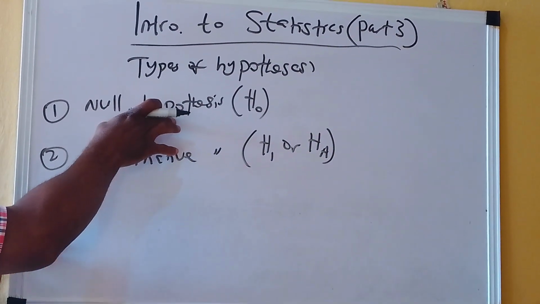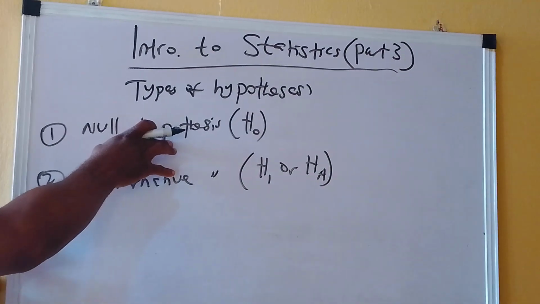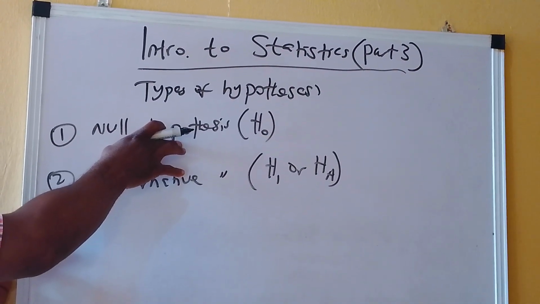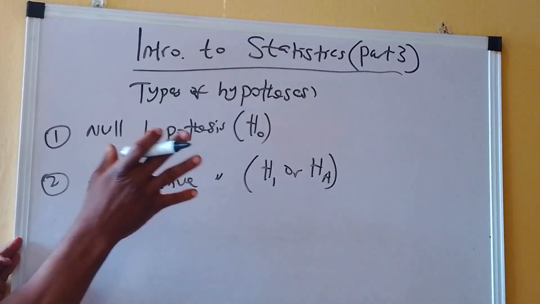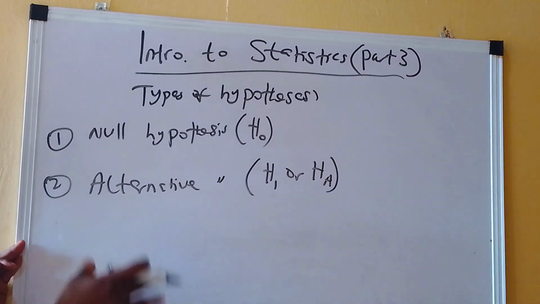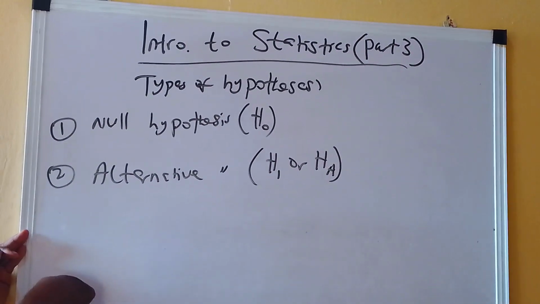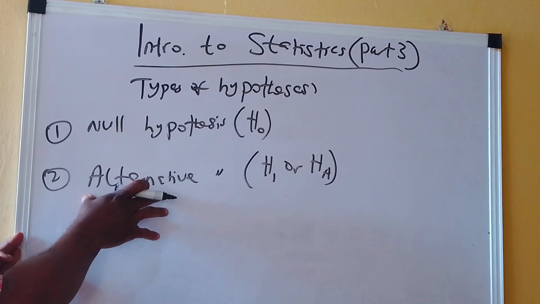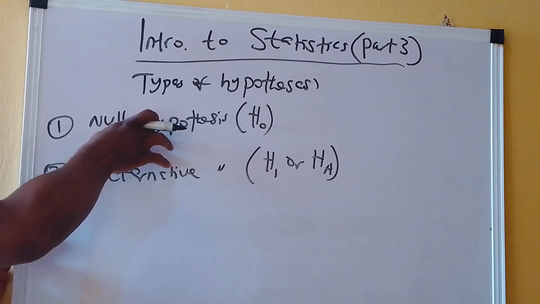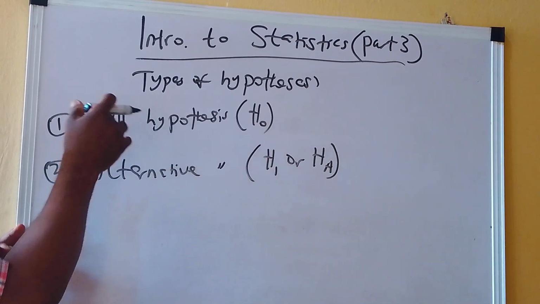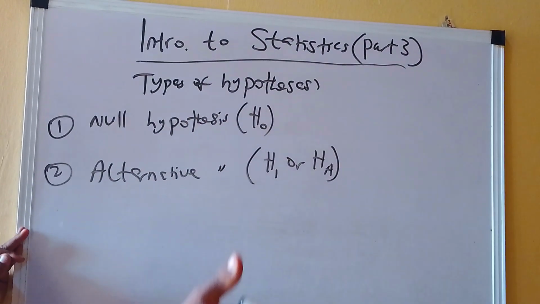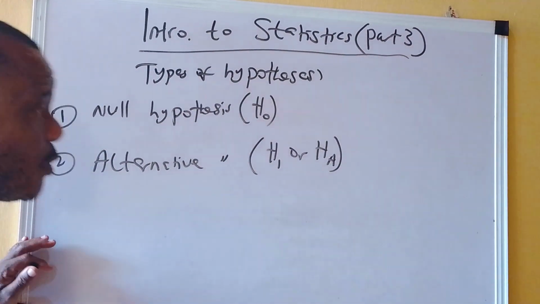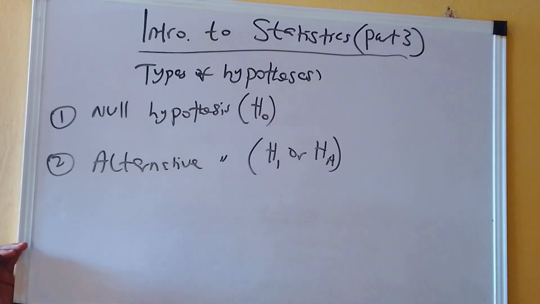The null hypothesis is the hypothesis that is assumed to be correct. It's always saying there is no significant difference between or among the variables tested. But the alternative hypothesis is always contradicting the null hypothesis. If the null hypothesis says there is no significant difference between the variables, the alternative will say there is significant difference.